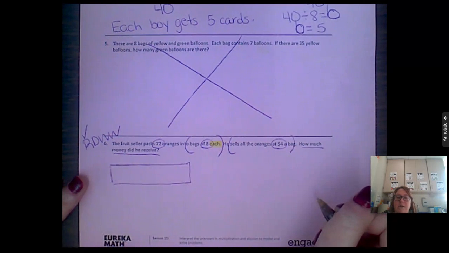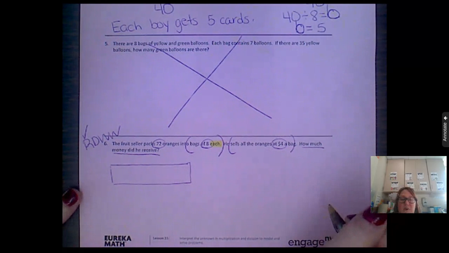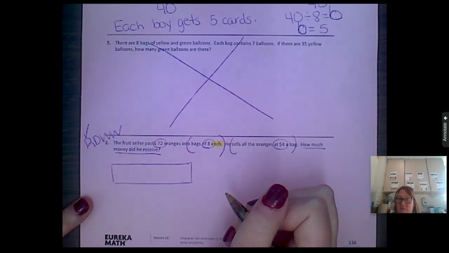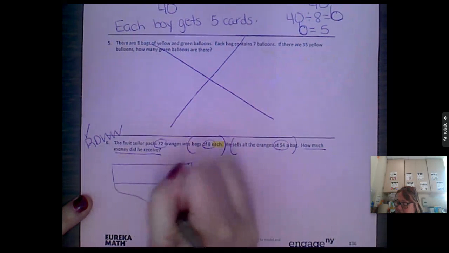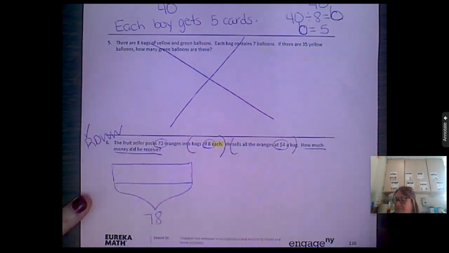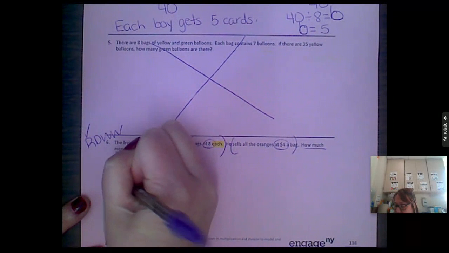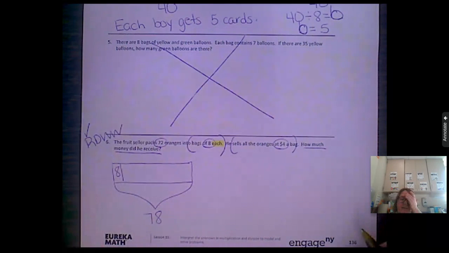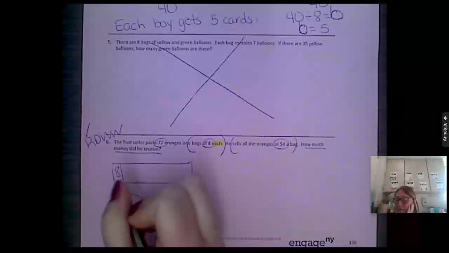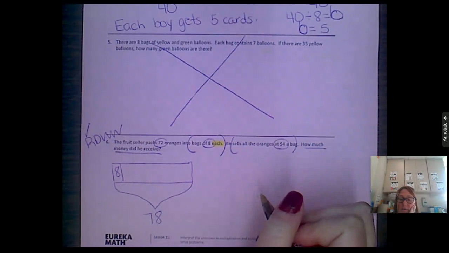Alrighty. So 72 oranges into bags of 8 each. So could I scoop it and put 72? Yes, because there are 72 oranges. And there's 8 oranges in each bag. So I'm going to make a group and put 8 in it. Now for this one, I want to use a strategy where I'm going to write my number sentence ahead of time to figure out how many groups there are.